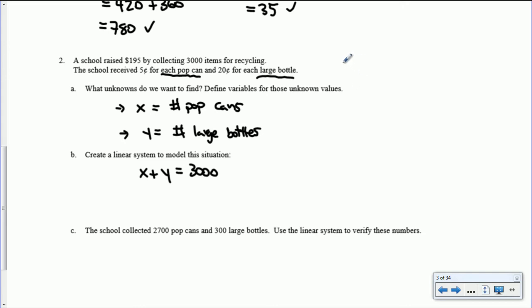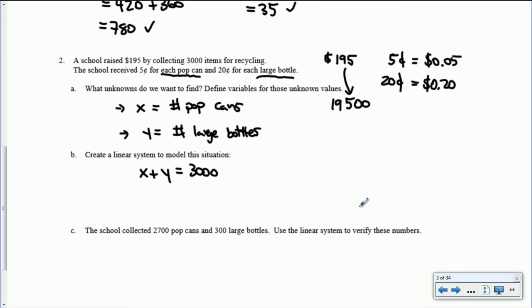So I think I might prefer to work with, so that's dollars, and 5 cents would be $0.05, and 20 cents would be $0.20. So we could do that. Or if you like, you can change this into a number of cents. So $195 equivalent would be, what's it? 19,500 cents.